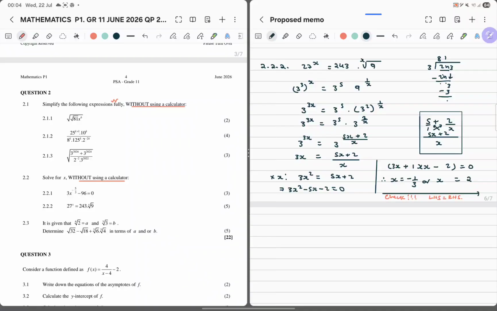Now let's go. Let's just put it on the calculator. 27 to the exponent, let's say minus a third for that first one. Let's see, what answer do we get? We get a third. Okay. Then let's see on the right-hand side, what do we get? 243 into the root.